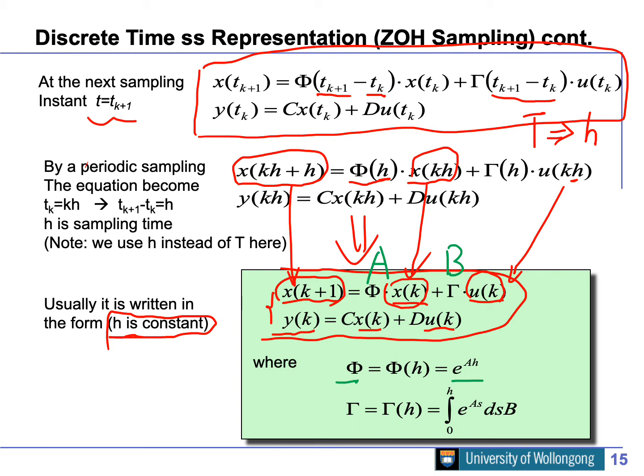And gamma is an integration, so this part is a little bit complicated. Integration of B with e^(As), integrated from 0 to h. So gamma is a little bit complicated, but still very linked to A and B. So this is linked to A, this is linked to B. So that's the similarity.